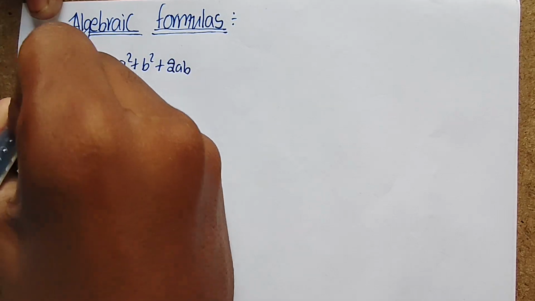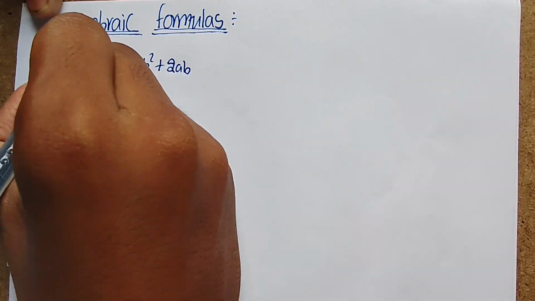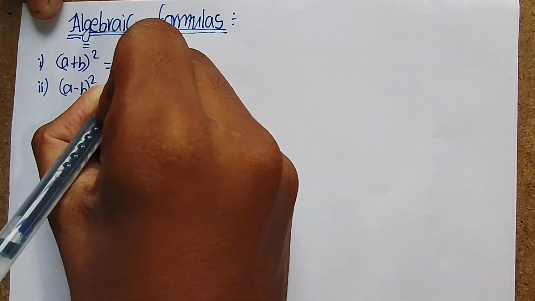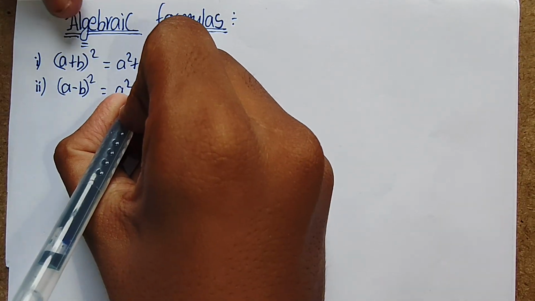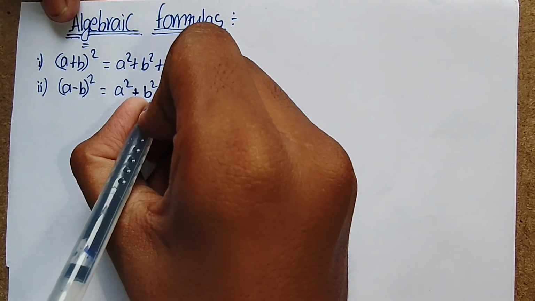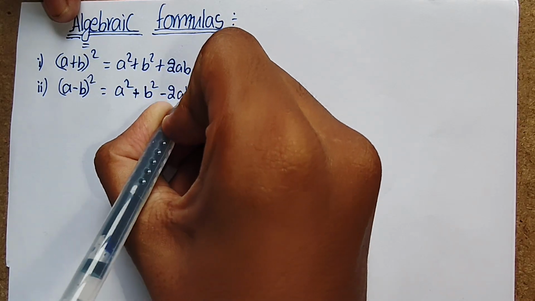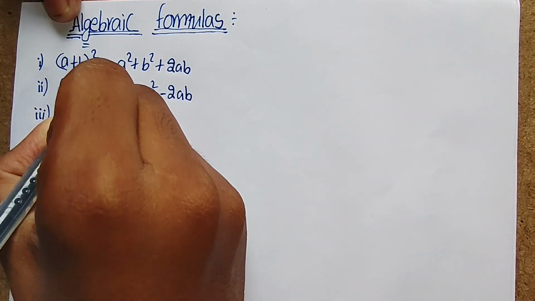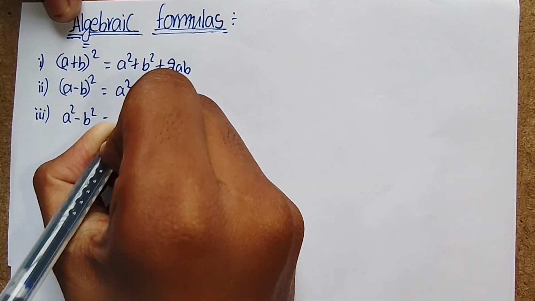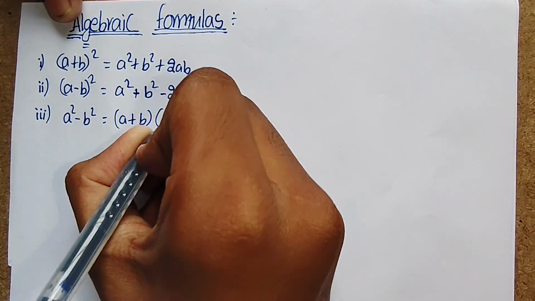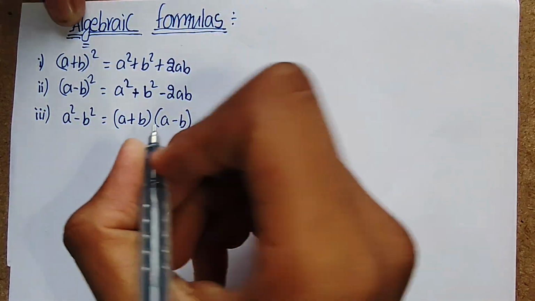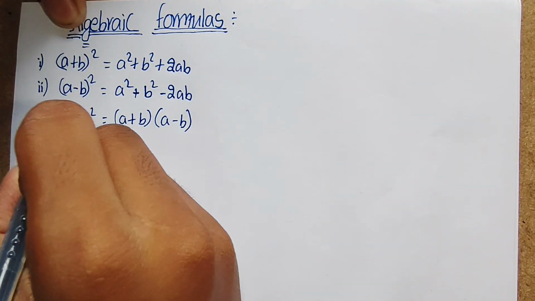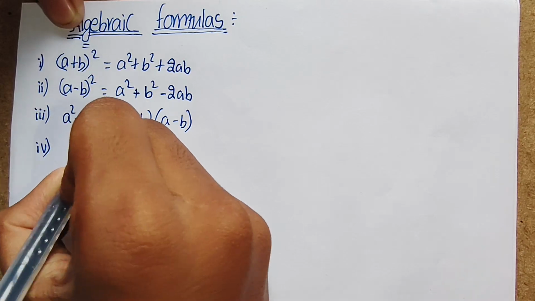Second, a minus b whole square equals a square plus b square minus 2ab. Third, a square minus b square equals a plus b into a minus b. Fourth is a plus b whole cube.